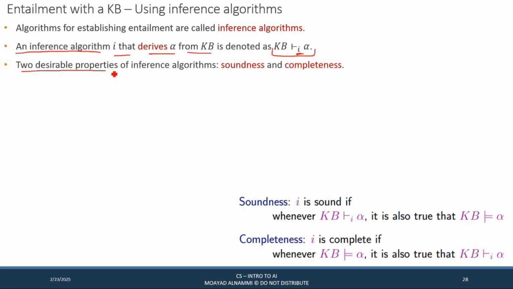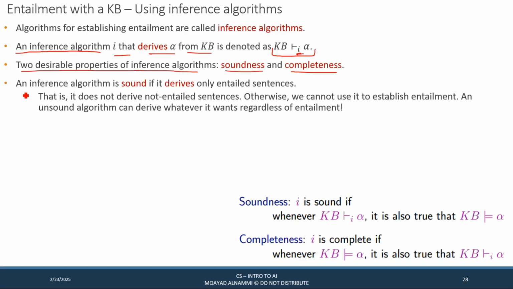We want our algorithms to have two desirable properties, soundness and completeness. What we mean by this is that an inference algorithm I is sound if it derives only entailed sentences. Another way to say this is what we see here. An algorithm I is sound if whenever the algorithm I uses the knowledge base to derive alpha, it is also true that KB entails alpha is a yes.